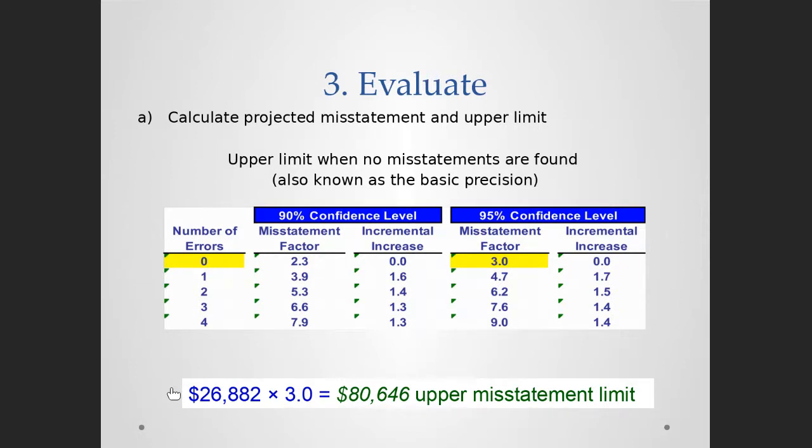So even if you don't find any mistakes in the sample, there are mistakes in the rest of the population, for sure. So to know how much is the misstatement in the population, even if you did not find any errors in your sample, you need to calculate something called the upper misstatement limit.